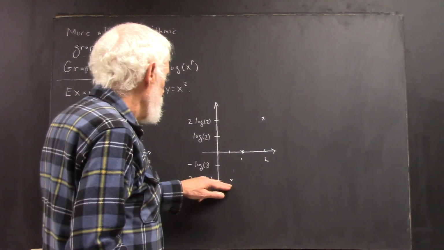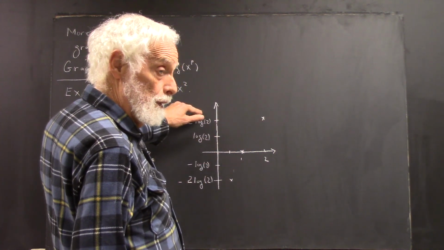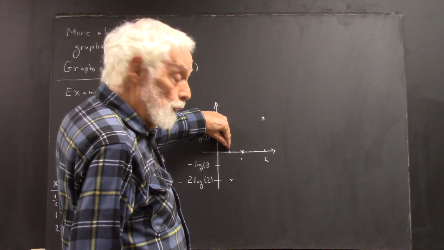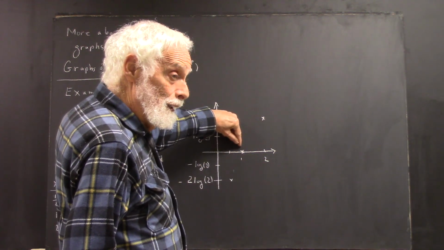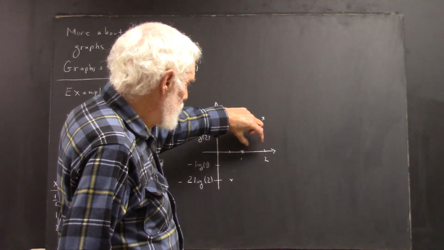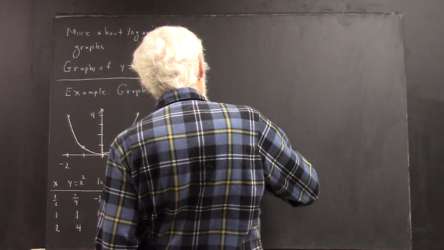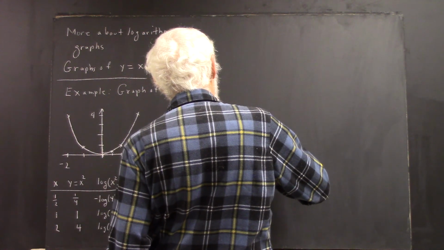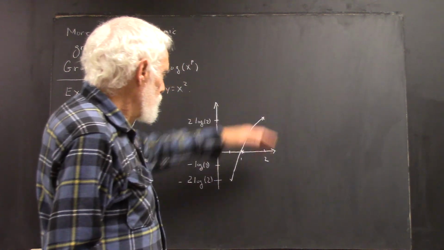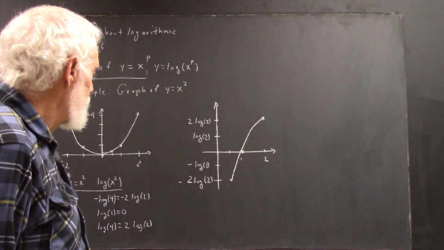So these values on the y-axis are equally spaced, but the values on the x-axis aren't. First value is at 1/2, second value is at 1, and then third value is at 2. There's a shorter interval between here and here than there is between here and here, and that's what makes this graph curve in such a way that it's concave down.